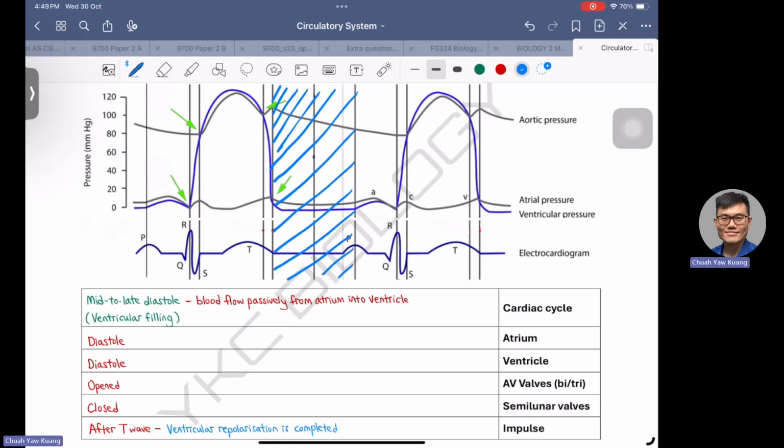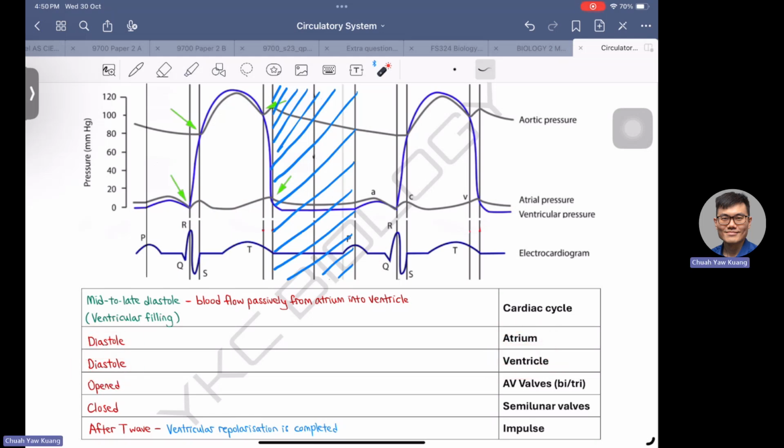So during the mid to late diastole, the blood will flow passively from the atrium into the ventricle. At this point, both the atrium and the ventricle are relaxed. So you can see that the atrium is at the diastole phase. The ventricle is also at the diastole phase.